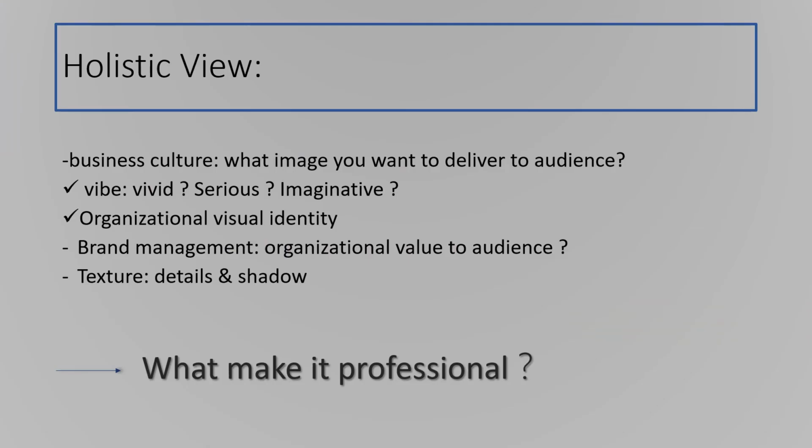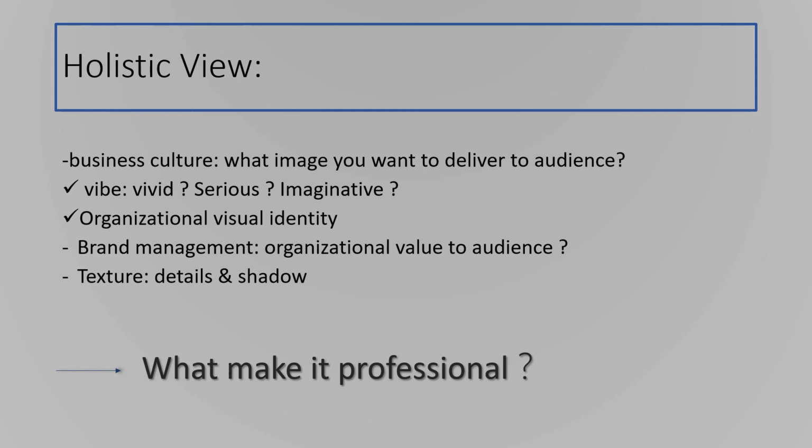Okay, so this is another thing we need to think about. When we go through the presentation in a holistic way, we need to think about what image you want to deliver to the audience. That creates our culture. That is basically related to our colors and the way we use our lights.